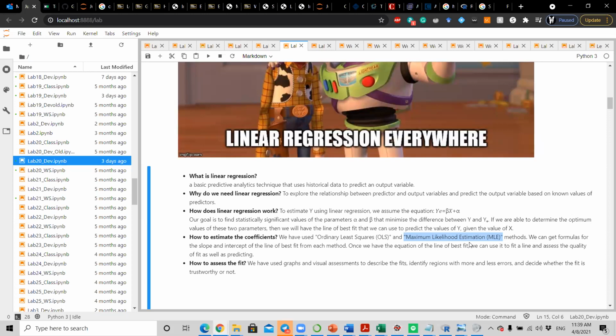Yes. Okay. So OLS stands for? The ordinary least squares. And when we used OLS, did we get different answers from when we used MLE? Or are they telling us the exact same thing?